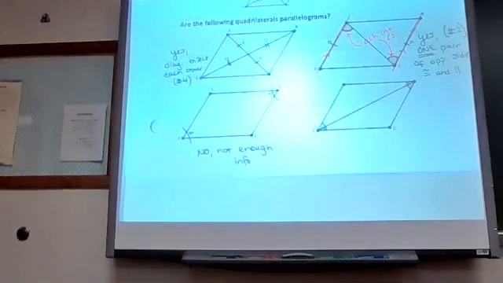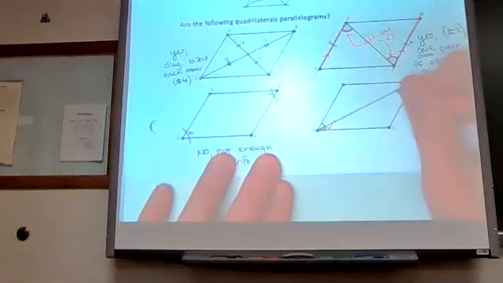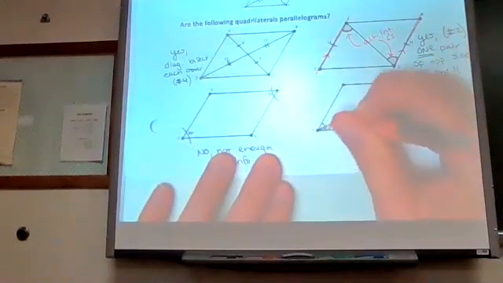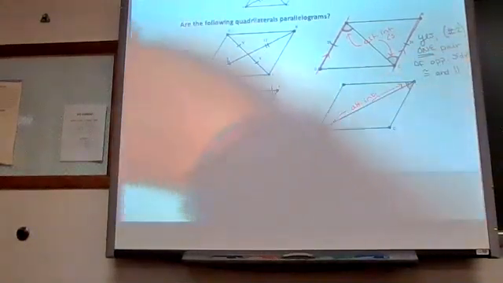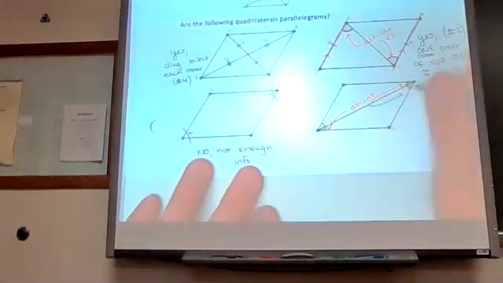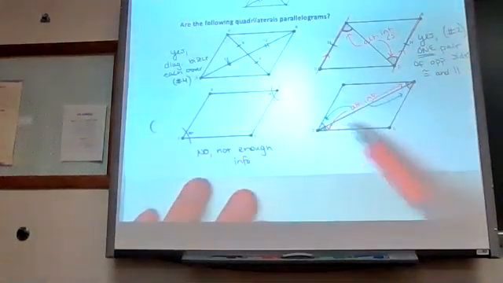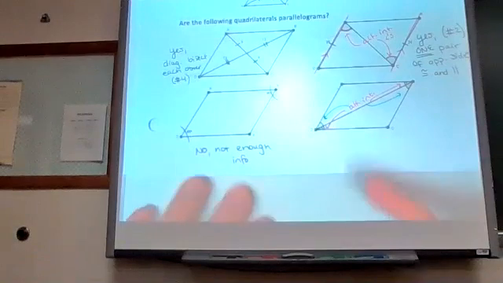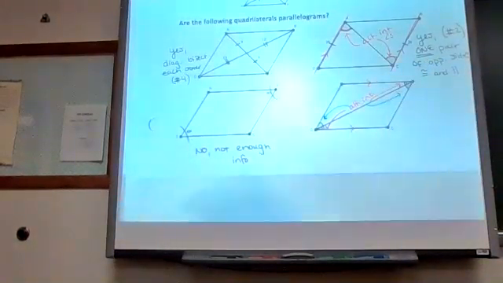The last one, again, we have alternate interior angles here. So here and here are alternate interior angles, or here and here. And so if I have alternate interior angles going this way, that shows me that this line is parallel to that line.